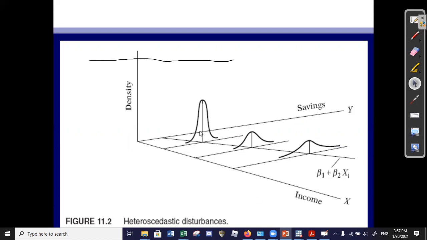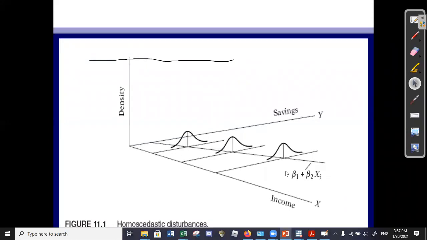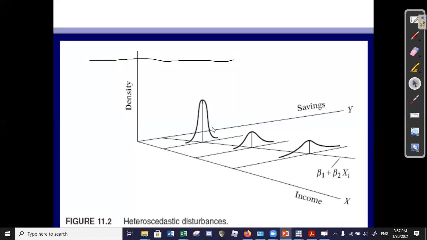So it is very much possible that if you are considering the relationship between savings as dependent variable and income as independent variable, it would be very unlikely that you would have a situation like this, right? Constant variance. It is very much likely that you would have a situation like that.